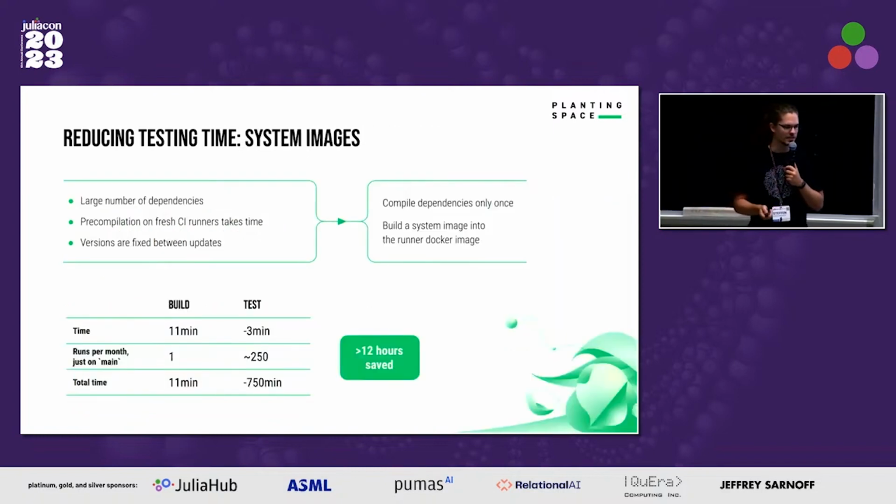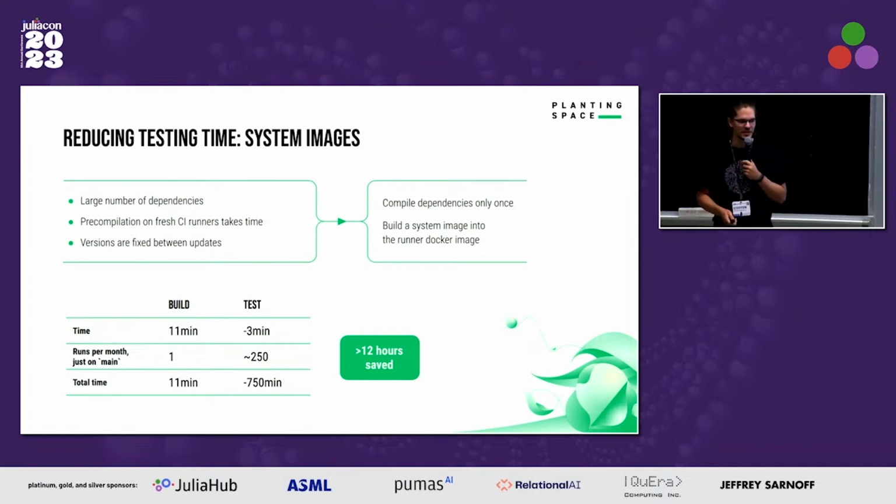The other one is the system image. I mentioned before we have a fairly large number of dependencies, we don't want to precompile multiple times, and we only rarely update them. So it really makes sense for us to build a single system image with all the dependencies. Some of this was grown before 1.9. We actually might change this a little bit now that package images are available.